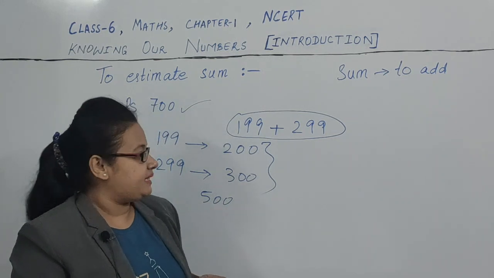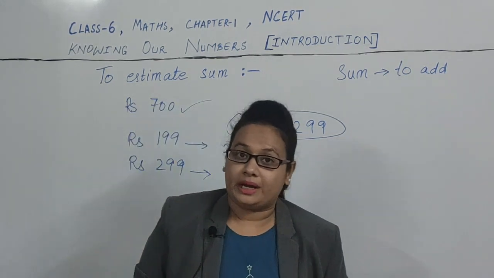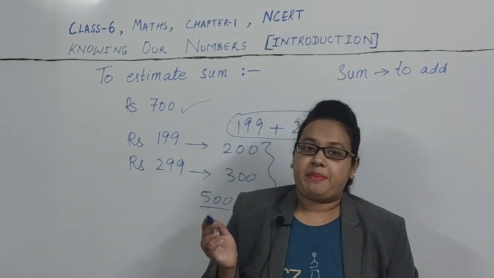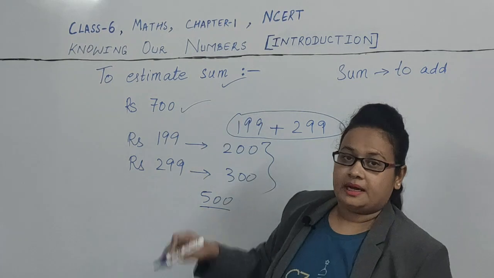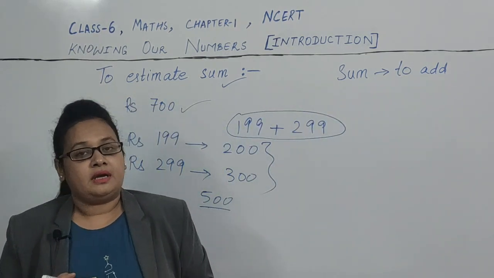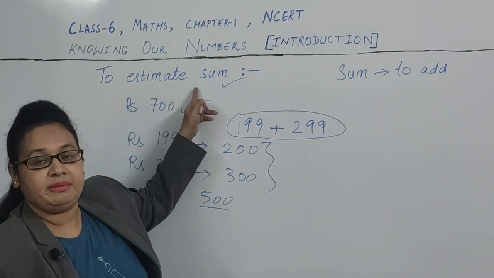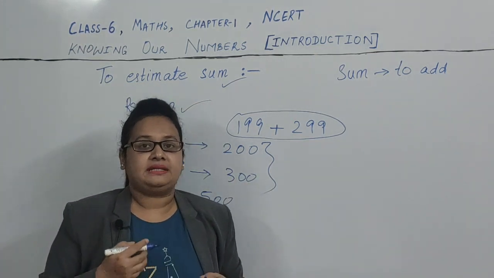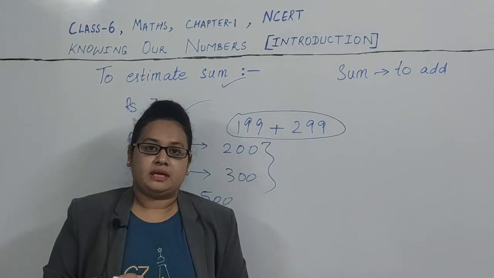You got the estimated sum and the result is this, and you are happy that you can take 200 rupees back home. So this is why we do the estimated sum. So in real life, in day-to-day life, we estimate the sum, and so it is very important.